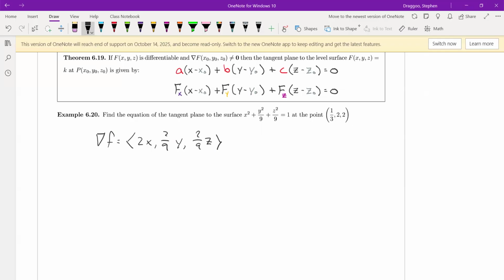And then I want to plug my point into that gradient vector. So 1/3, 2, 2 gives me 2/3, 4/9, and 4/9. And again, I'm going to claim that that's my normal vector.